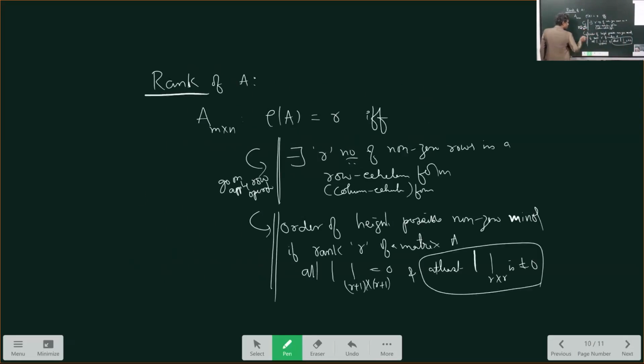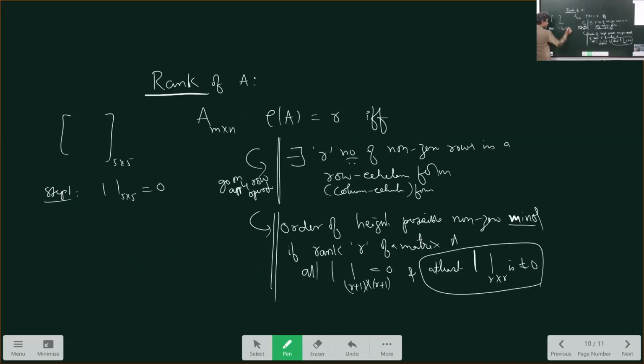But when I'm coming to the case of the rank by minor, if A is a given 5 cross 5 matrix, step 1 says evaluate this 5 cross 5 determinant.